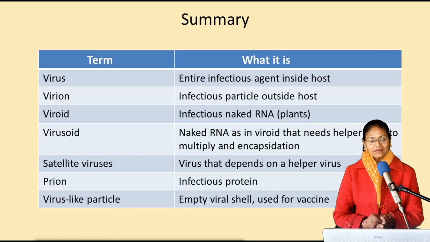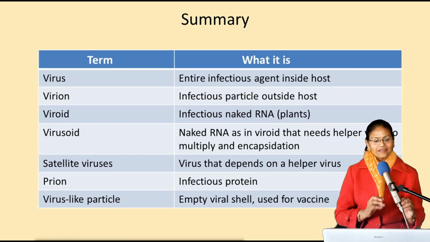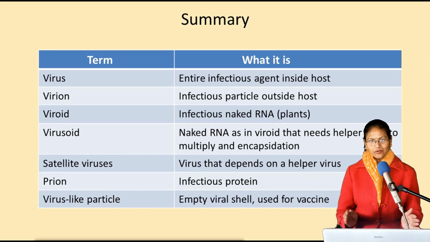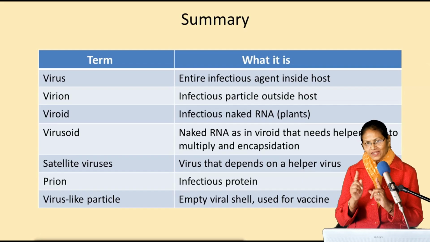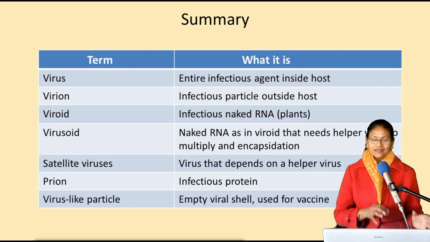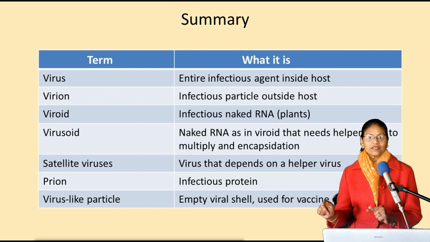Now the summary, in a one-liner: virus is the entire infectious agent inside the host. So always remember, when it is inside the host and when it is the entire infectious agent, then you call it virus. Then virion is the infectious particle, but when it is outside the host.